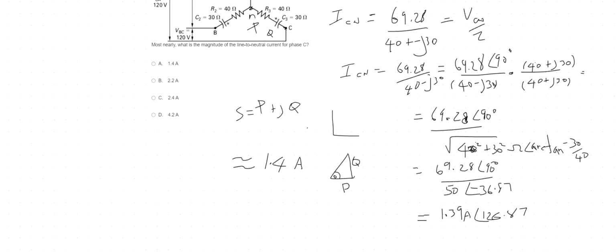So tan theta is equal to Q over P. Right here is S. Actually S. So that's why we do Q over P to find the angle. And to find S, you gotta square these and add them. You see that triangle, right?